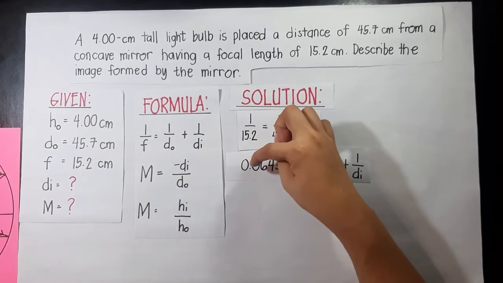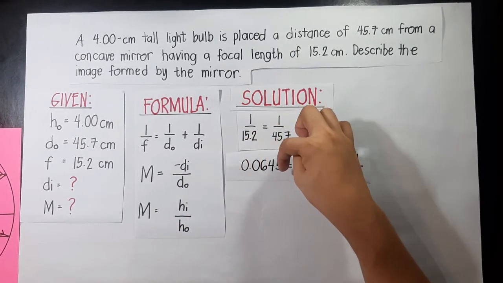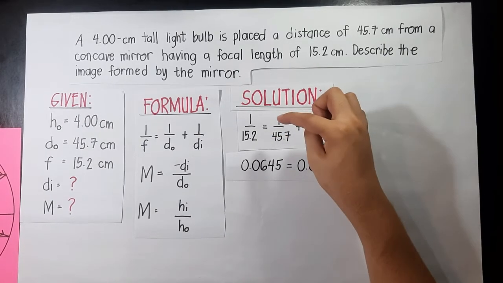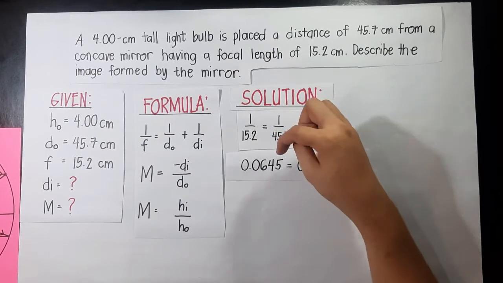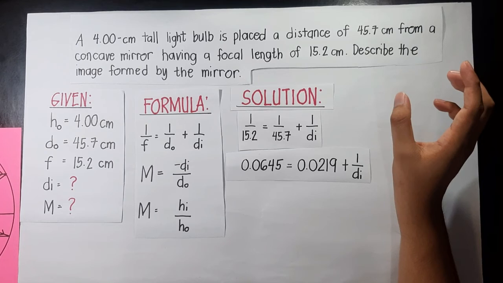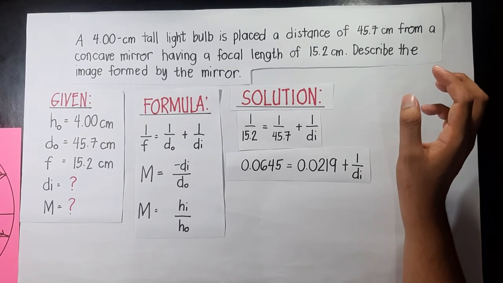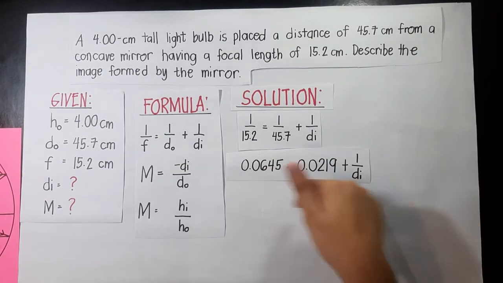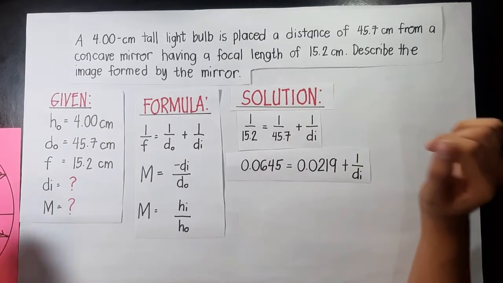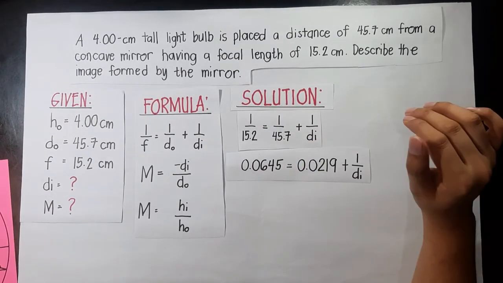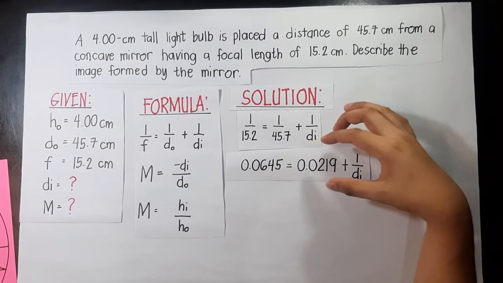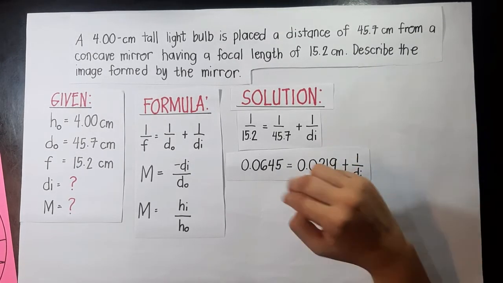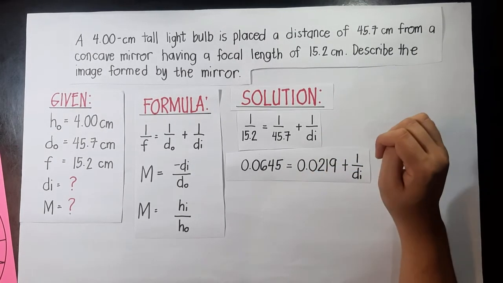So that is 0.0645 when we divide 1 and 15.2. While if we're going to divide 1 and 45.7, we will come up with the answer of 0.0219 plus 1 divided by DI. So ito na ngayon, dinivide ko lang siya from the first step or process. After that, kunin naman natin ngayon or dapat magkasama ang like terms. Siyempre, dapat magkasama sila.